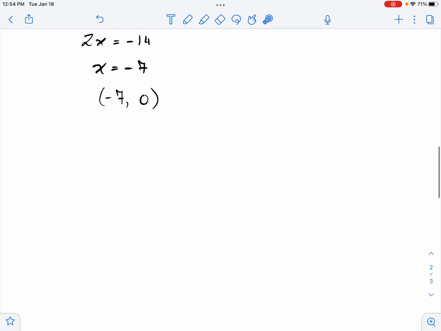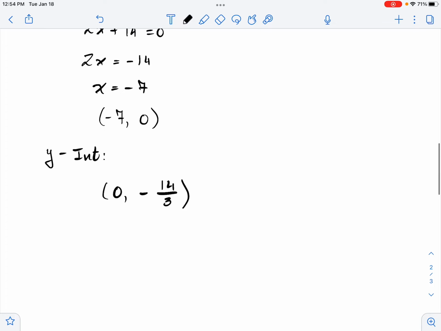And so my y-intercept is going to be 0, negative 14 over 3. I don't particularly care about the value itself. I really just care about whether it's positive or negative, which side of the x-axis it is going to be on.